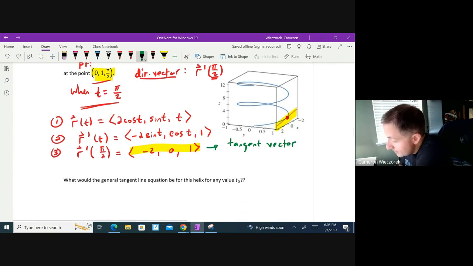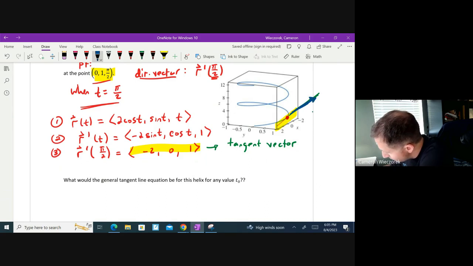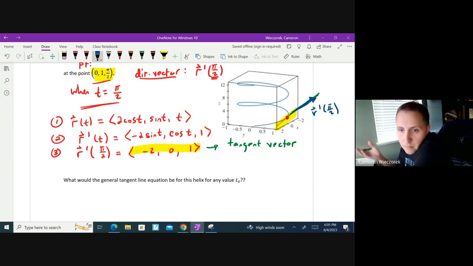You do not need to make it a unit tangent vector in this case. I'm just going to sketch it in the picture here so you can see it. Here's my tangent line. Let's just say this blue vector represents r prime of pi over 2. Maybe it has a length of 1, maybe it doesn't.